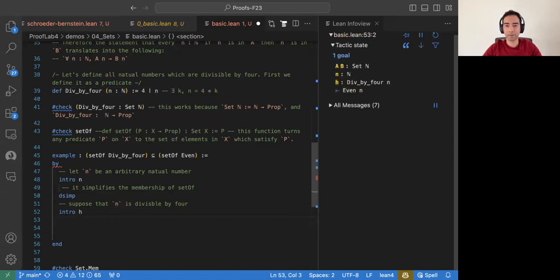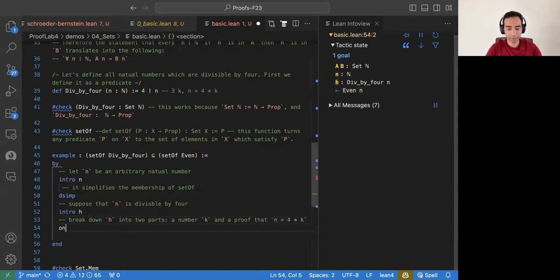What was the tactic to do this? So break down H into 2 parts: a number k and a proof that n is 4 times k.